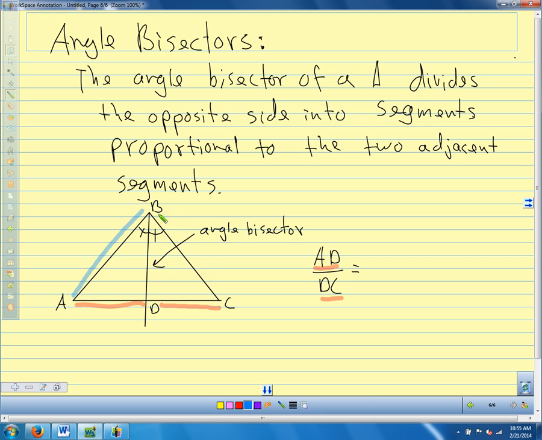This one and that one. And we're going to match these two and those two. So that's going to be proportional to AB over BC. So we make a ratio of those two, make a ratio of those two, and they are equal to each other. So it just gives us a way to set up this proportion.